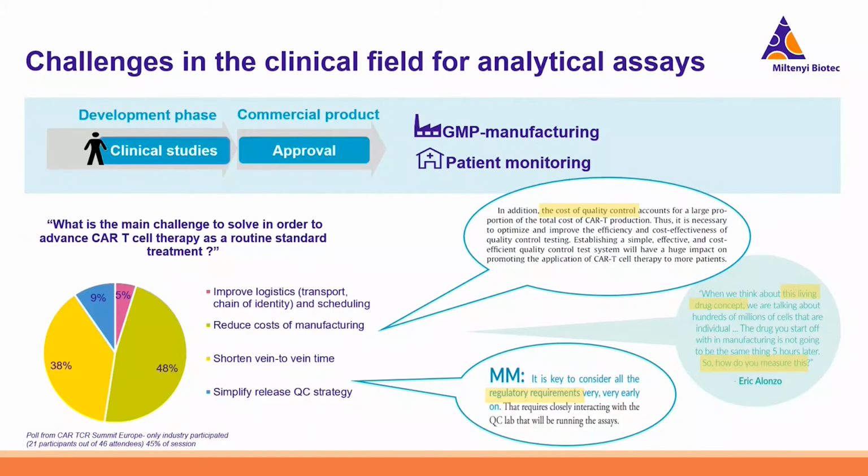Especially in the later phases, in the clinical trials and also in the approval phase, there are quite a few challenges connected to analytical assays. Just to name a few, costs are always a main challenge. Shortening the vein-to-vein time is usually a main challenge. Regulatory requirements also put quite a pressure on our analytical assays. And from a biological point of view, we are working with a living drug, so we really need robust assays that can deal with this kind of drug substance.